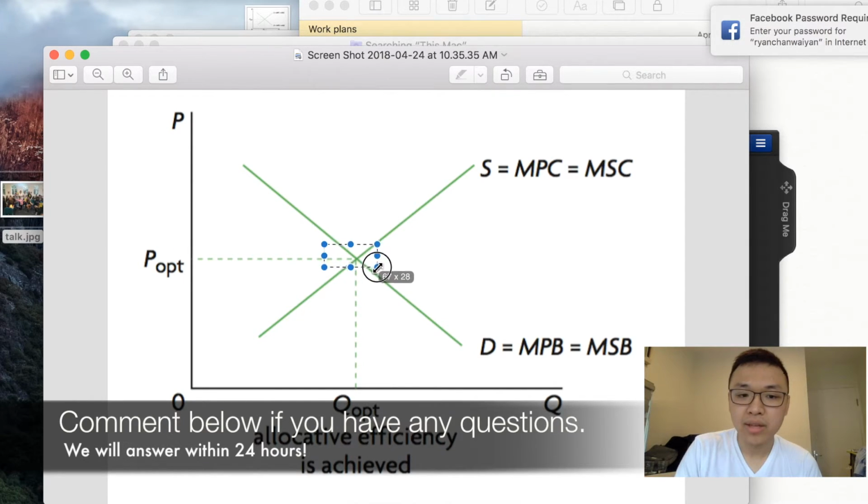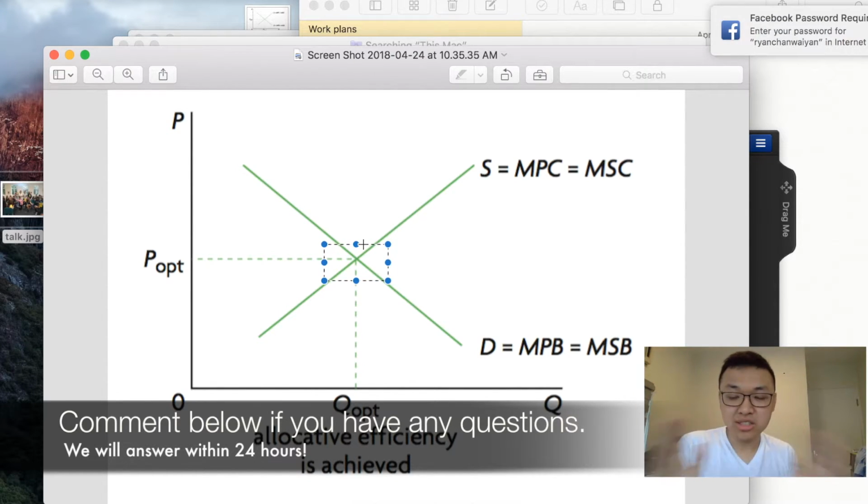So this point right here is the equilibrium, as I've explained. It's also the socially optimum point. Therefore, in this case, without externalities, the free market equilibrium is actually socially optimal. You get that? Very important. When there are no externalities, the market equilibrium, where MPC equals MPB, is also socially optimal, where MSC equals MSB.